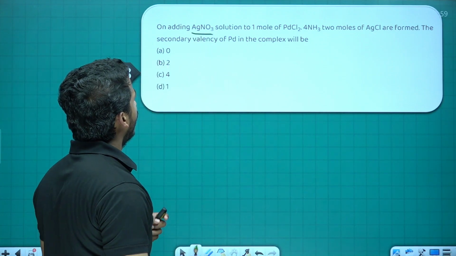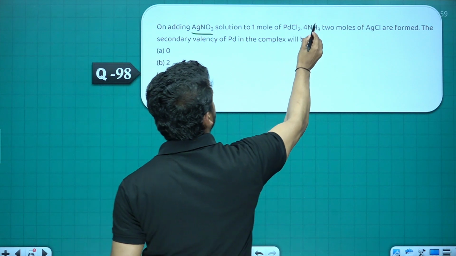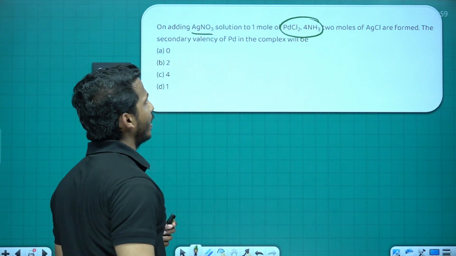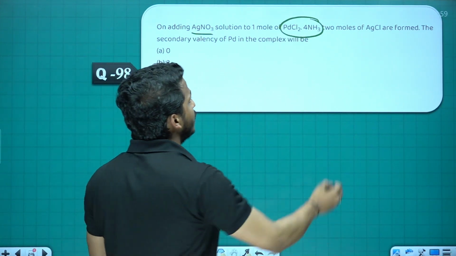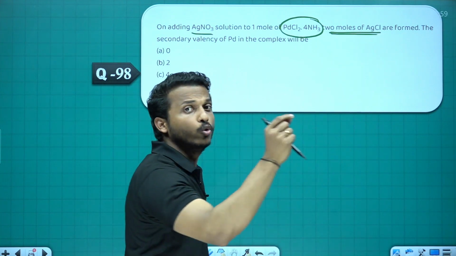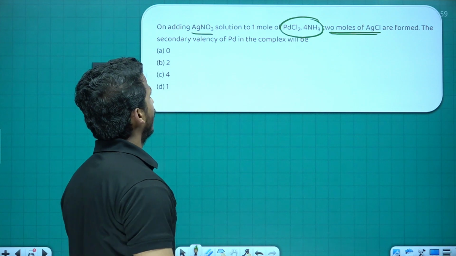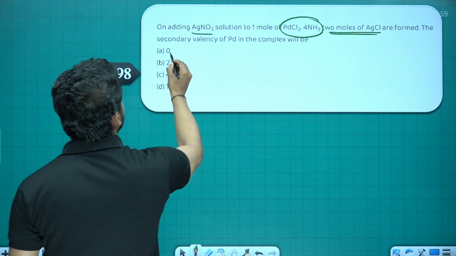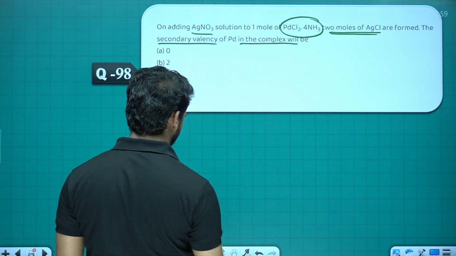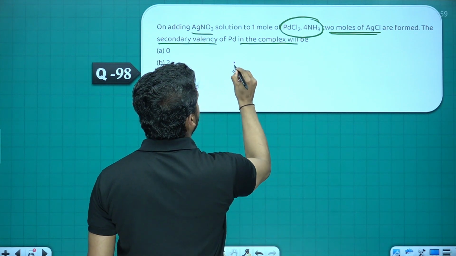On adding silver nitrate solution to 1 mole of this complex, PdCl2·4NH3, 2 moles of AgCl are formed. I told you, 2 moles of AgCl formed means 2 chlorines should be outside.